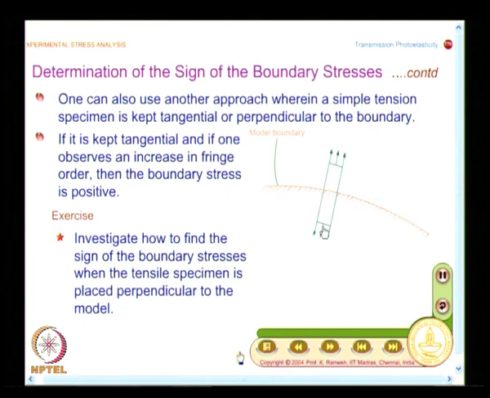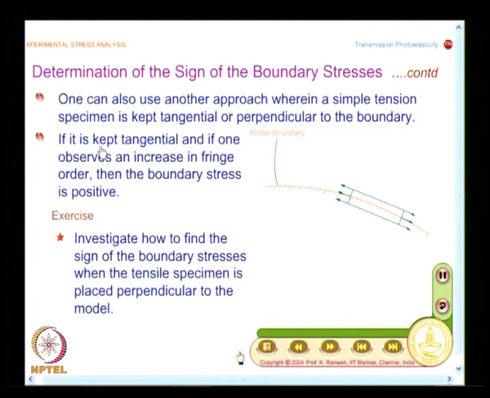You are only seeing the fringe order as sigma 1 minus sigma 2, and if sigma 1 minus sigma 2 increases or decreases, you will see that by a change in color, because the variation is very small, only a color change can tell you whether sigma 1 minus sigma 2 increases or decreases.